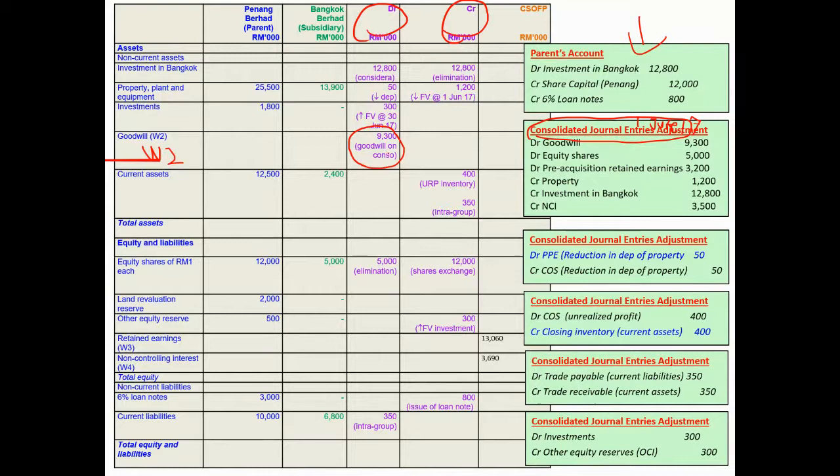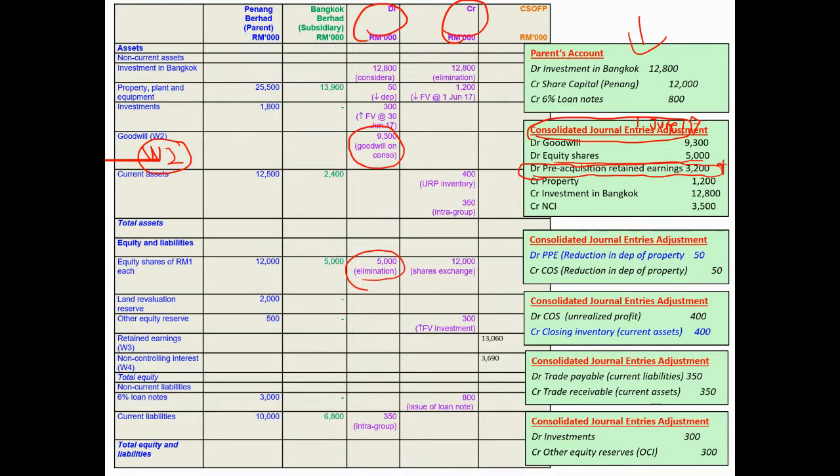If your answer is wrong for 9.3 million, let's say it's wrong, what I do is I will still give you marks. I will go back to your workings and give you partial marks. So very important, you have to show working number 2 for goodwill. Okay, and then I debit shares. So shares 5 million, you can see elimination 5 million. Okay, this part here, retained earnings.